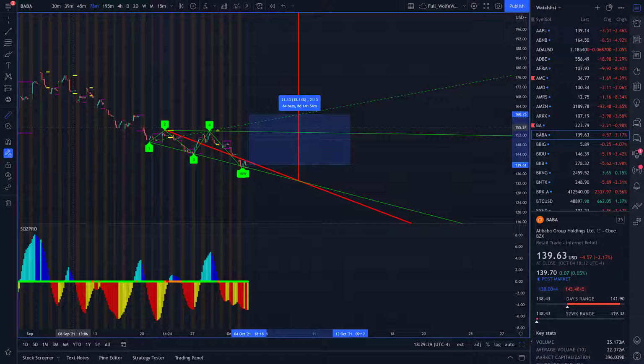Looking at Alibaba, monthly Octobers, and the target here is at 160. So maybe I'll pick the 160 calls for 75 cents, just one for $78. So you have a $5,000 or $2,000 account, and you're risking $78, maybe $100.